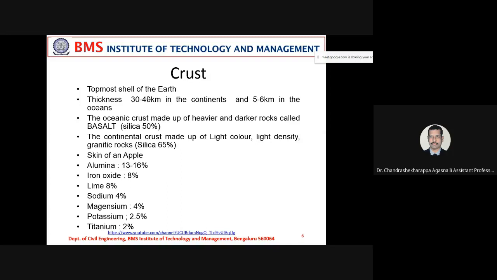Only alumina is 13 to 16%, iron oxide is 8%. How did we come to this conclusion? That is based on our seismic survey data interpretations. Other than that, we don't have the data to guess it.